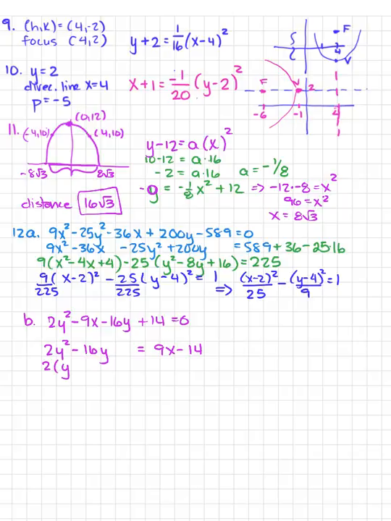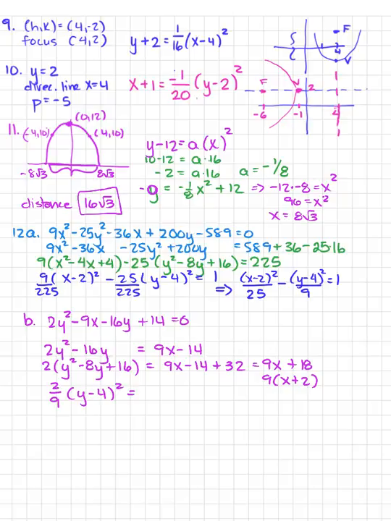So we have y squared minus 8y again plus 16 is going to equal 9x minus 14 plus 32, which is 9x plus 18, which is nice because you can factor out a 9. And so then we're ready to rumble here. We have (y minus 4) squared, and that has a 2, and I'm going to bring the 9 over, equals x plus 2. All right, that was number 12.